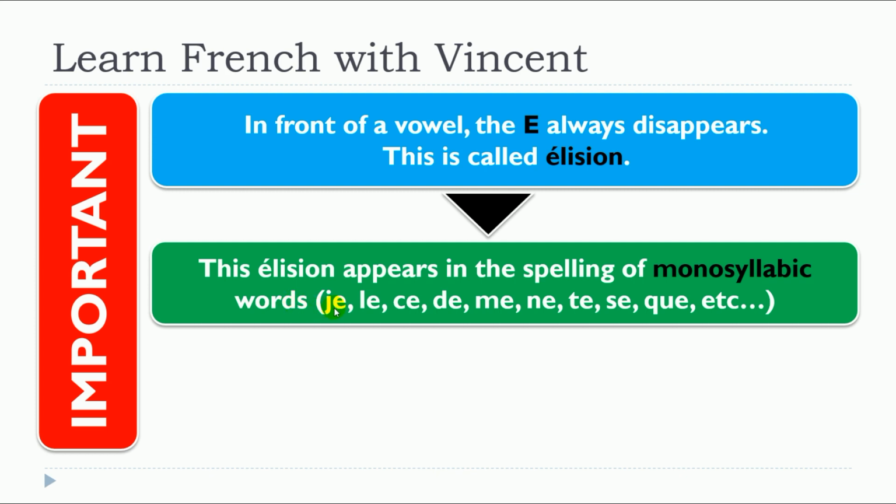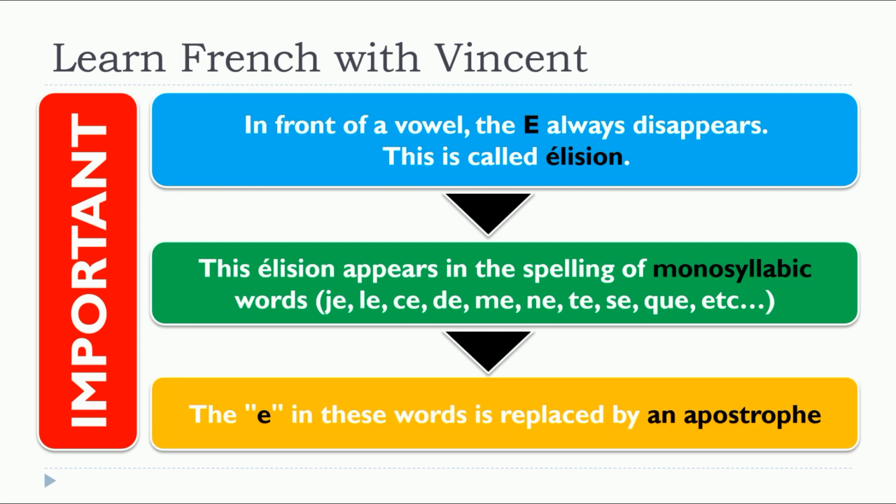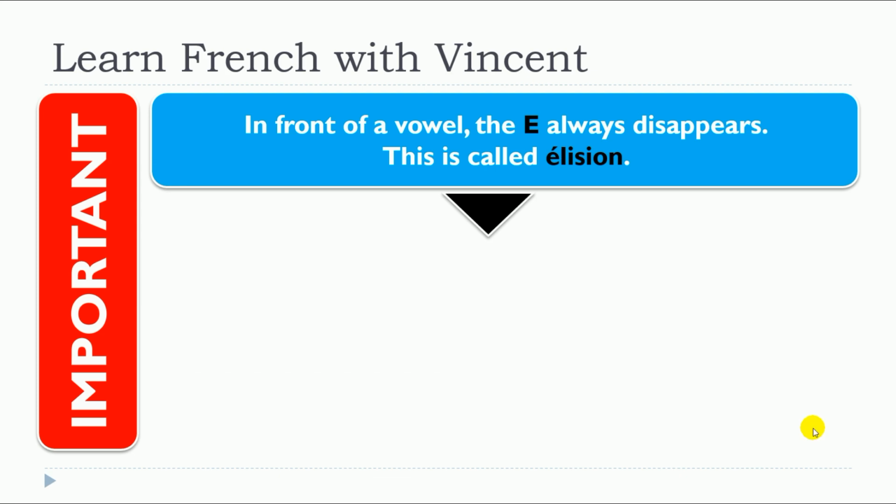We're talking about the short ones, the really short words like je, le, ce, de, me, ne, te, se, que, etc. So in that case, it means that this e will have to disappear when you do elision, and instead of the e you will put an apostrophe. So the e in these words is replaced by an apostrophe.